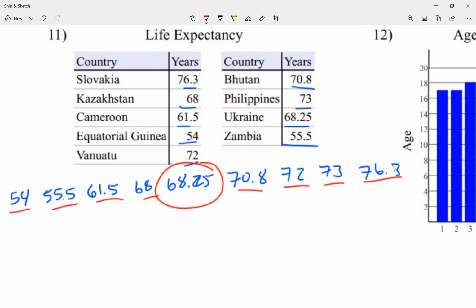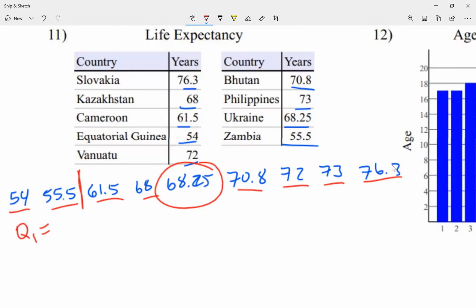Now in the lower half, the center will be right here, which is the number in between 55.5 and 61.5. So again, I can call it quartile 1 or lower quartile, however you guys want to call it. Now I could ask you what number is right in between 55.5 and 61.5.